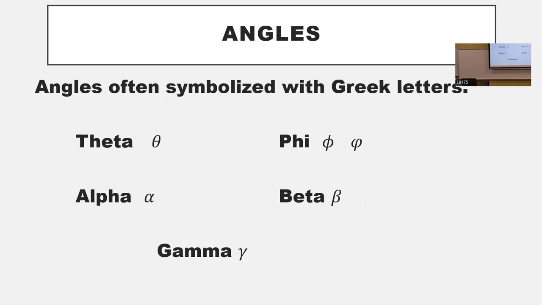So maybe the most common one we use is theta. That looks kind of like an O with a line through it when you draw it on the board. When I draw it on the board, that line will be sort of at the top of the egg shape.